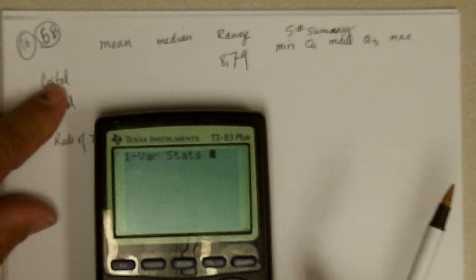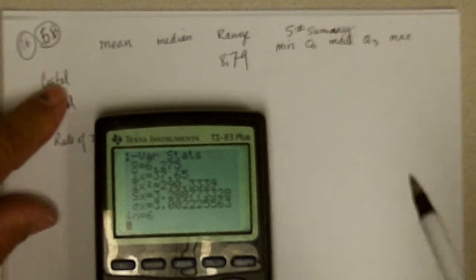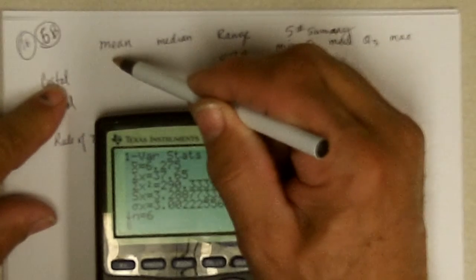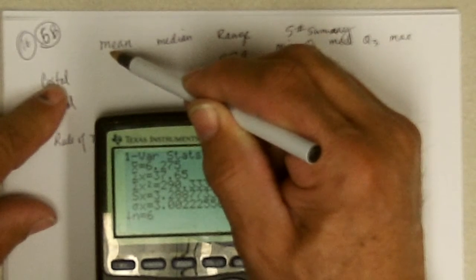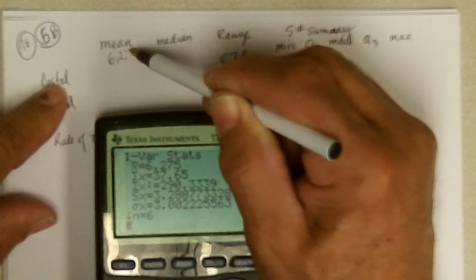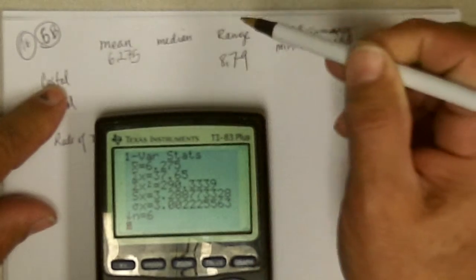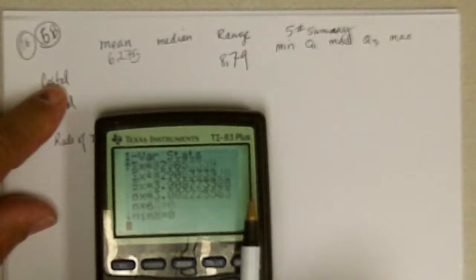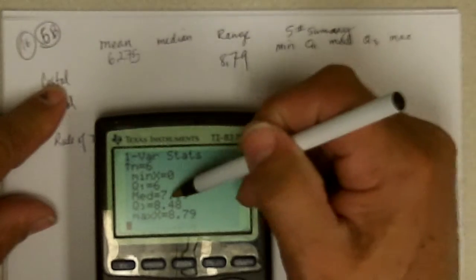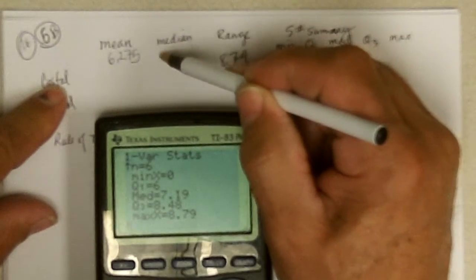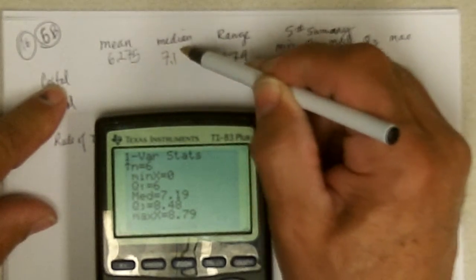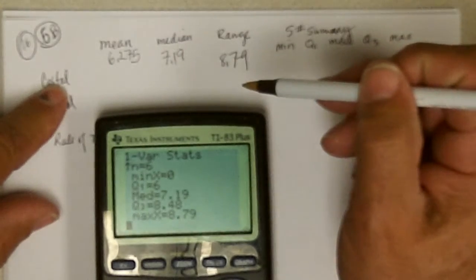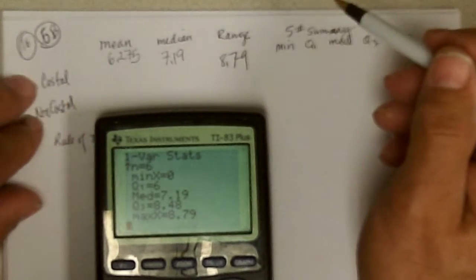Calculate the one variable statistics on list 1. It says the mean, if you added them up and divided by 6, you should get 6.275. The median is 7.19. That was the middle number, halfway between the two numbers in the middle.